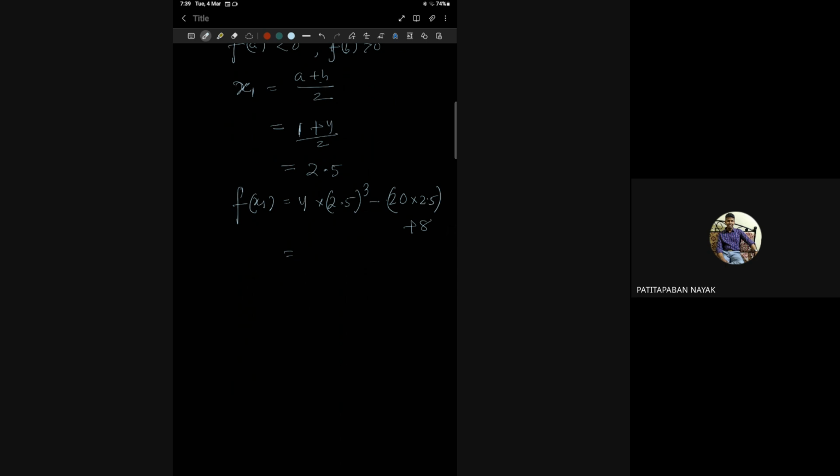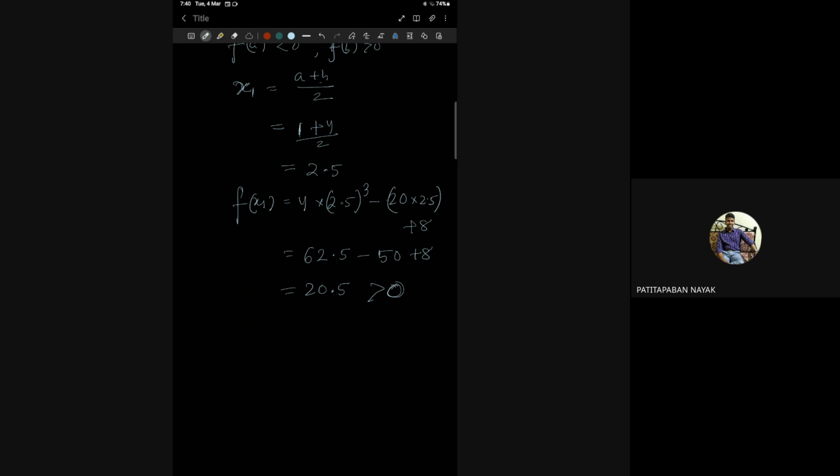So 2.5 cube, this is 62.5, minus 50, plus 8. So that is equal to 20.5. So this is greater than 0.